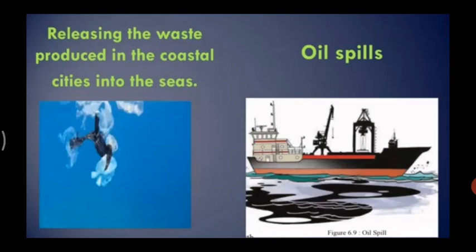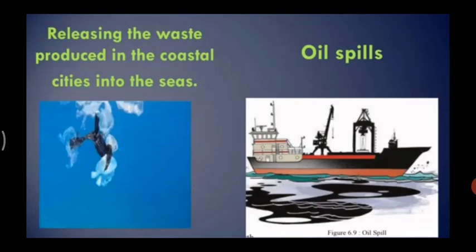However, reports also suggest that littering makes the aquatic life in the ocean and seas worse these days. What happened? We are throwing waste in the sea. It affects whom? It affects the aquatic life. It affects the fishes.